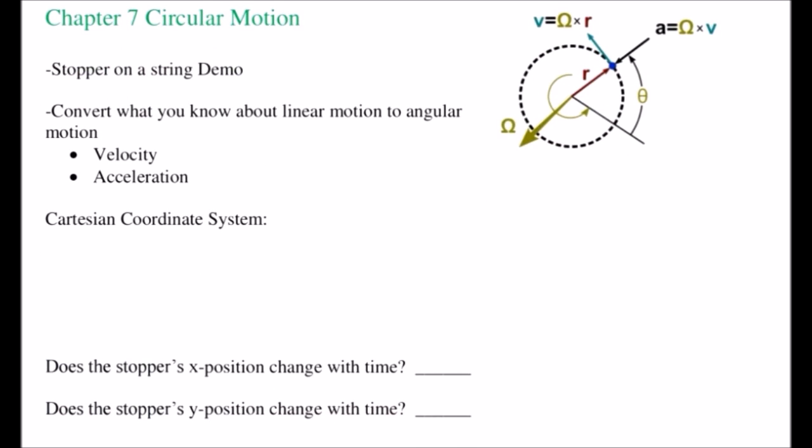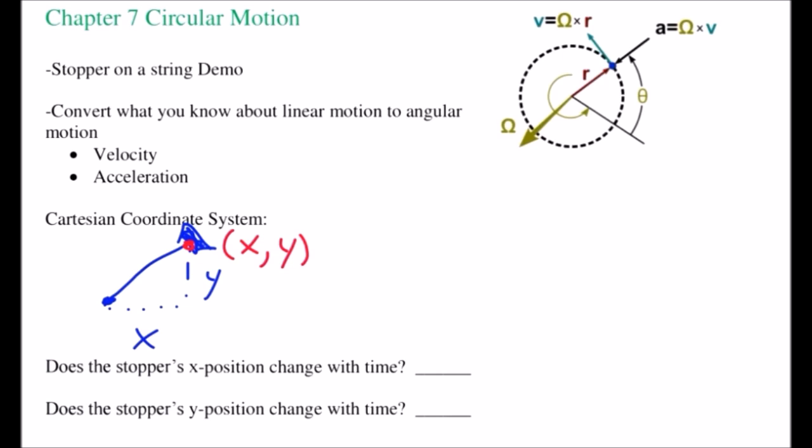All right, so let's say we've got our origin point, then we've got our stopper out here, and then we've got x and y positions. By the way, I'll put that up here: our ordered pairs would, of course, be x and y at that position of the stopper.